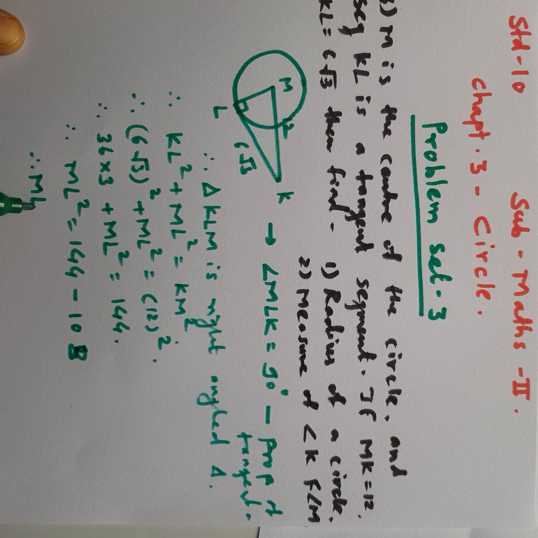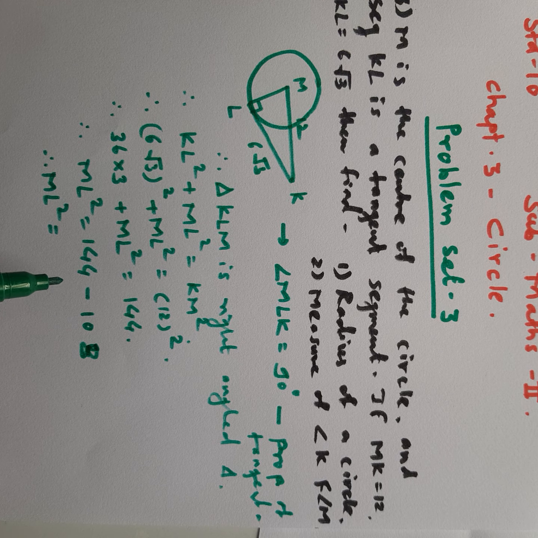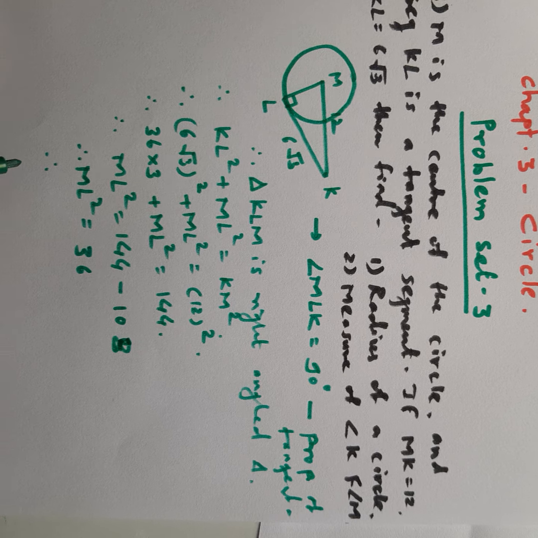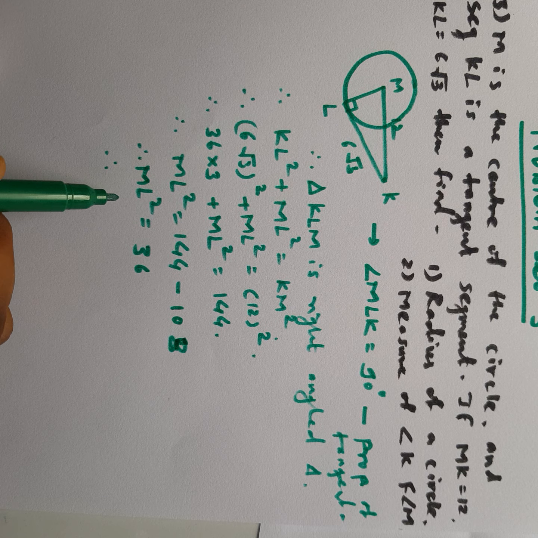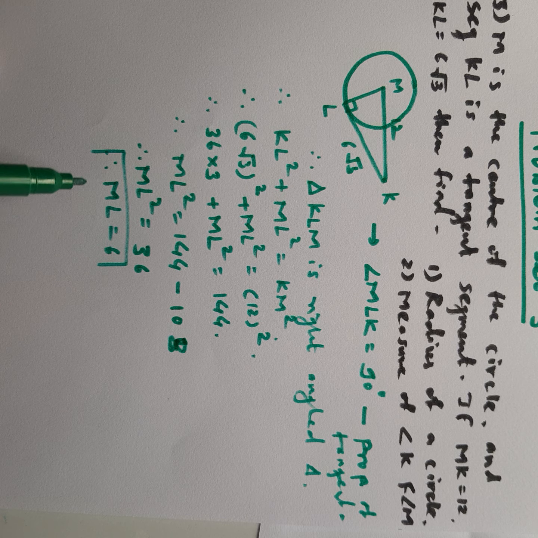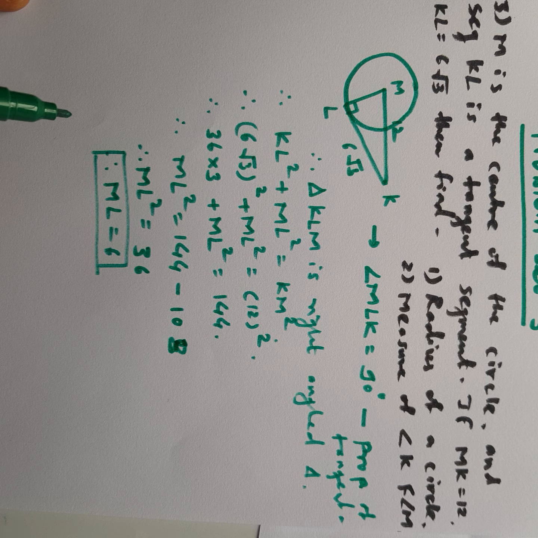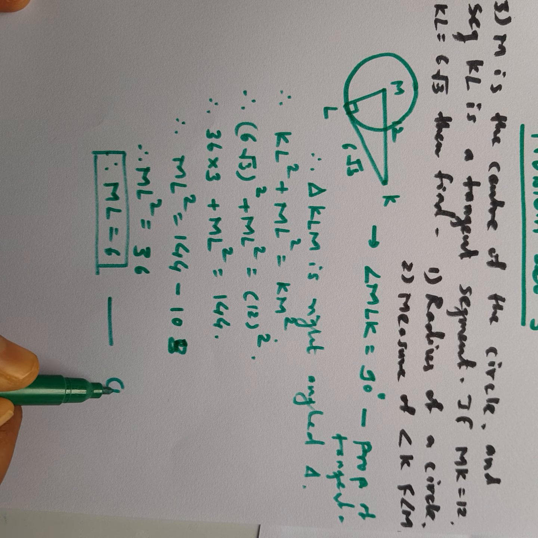Therefore ML square is equal to 144 minus 108, that is 36. Therefore ML is equal to 6 by taking the square root, which means the radius of the circle is 6 centimeter. It is our first answer.